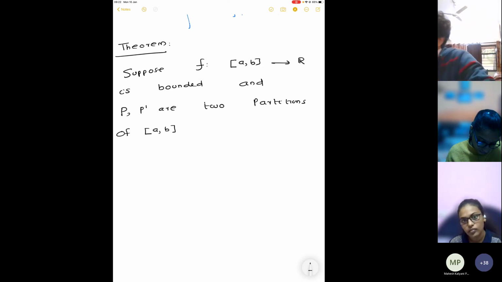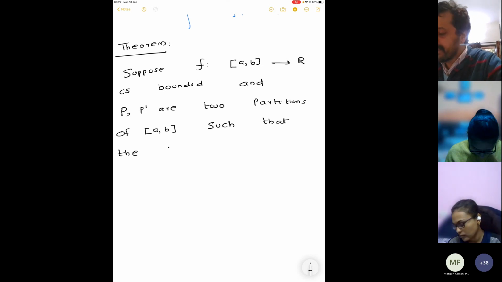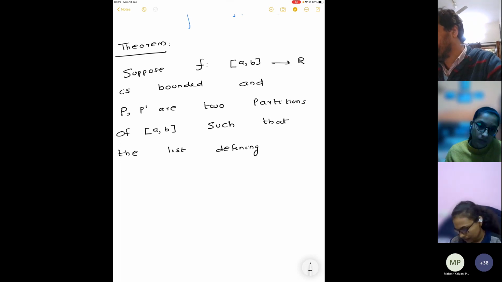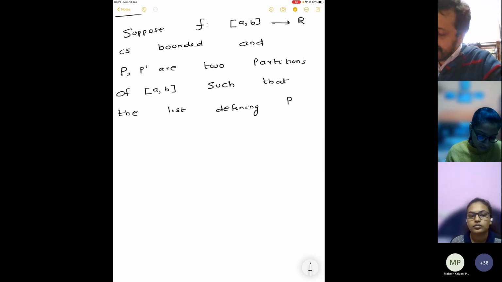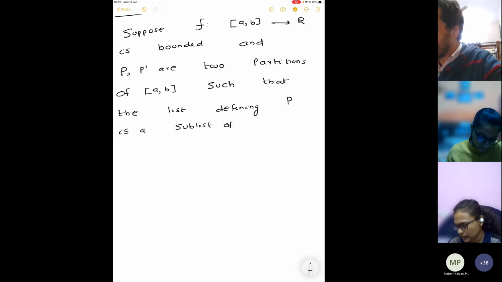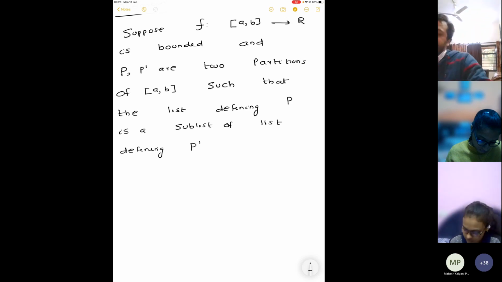Now, what is the connection between P and P dash? Such that the list defining P, partition means there is a list of points, the list defining P is a sublist of the list defining P dash. The points in P are there in P dash and P dash has more points possibly.